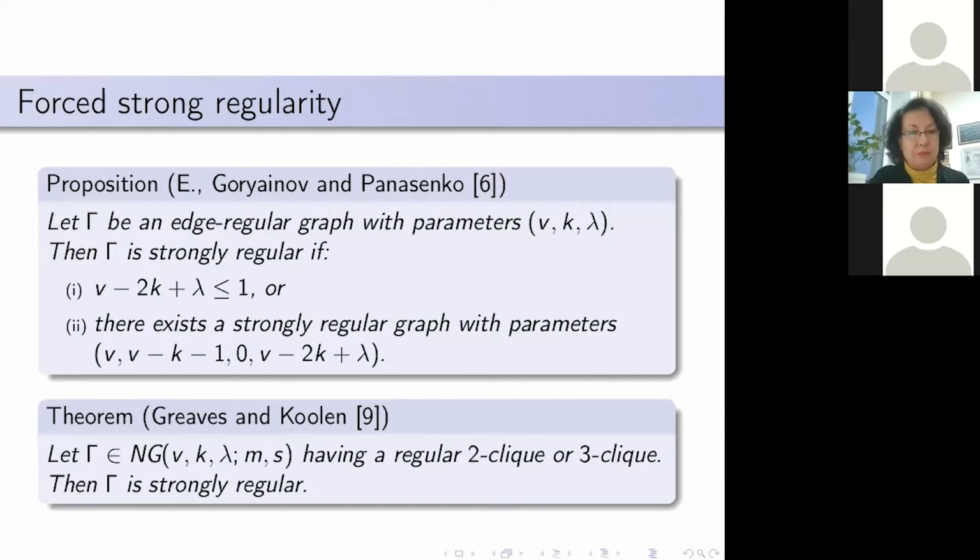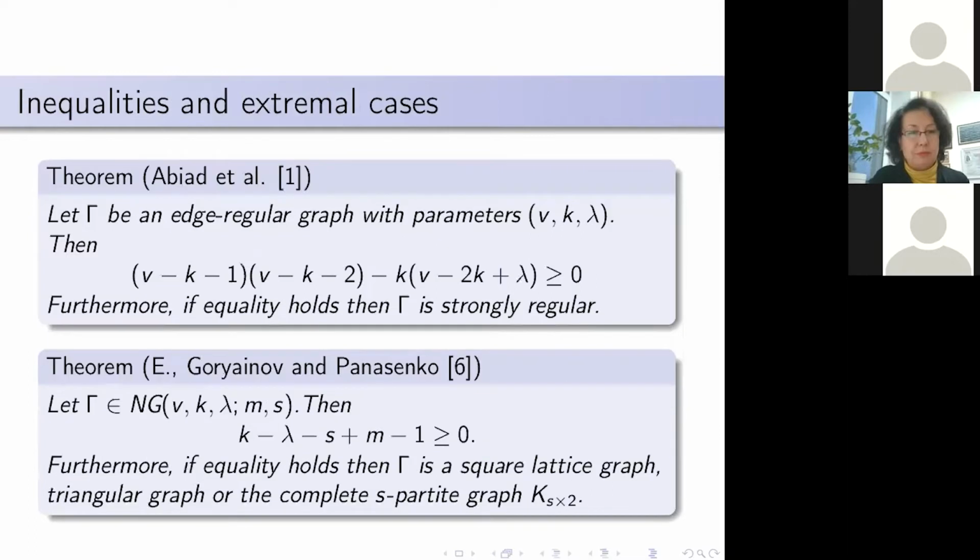Now, we can also find conditions on the parameters which hold for all Neumaier graphs, and for which there are extremal cases for strong regularity.